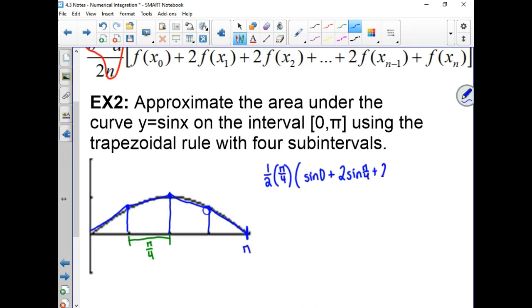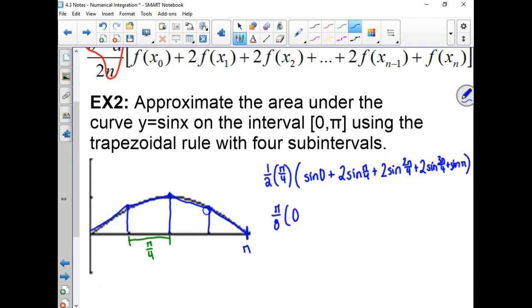I'll have sine of 2 pi over 4, or just pi over 2, twice. I'll have sine of 3 pi over 4 twice. And then my last one is only going to show up there once. So I'm going to go ahead and put this together and make this pi over 8.